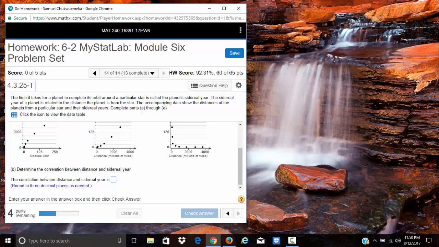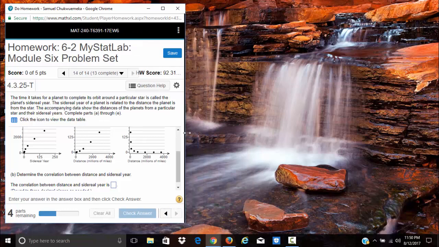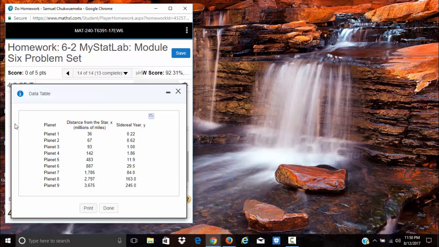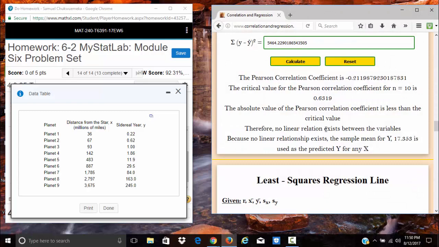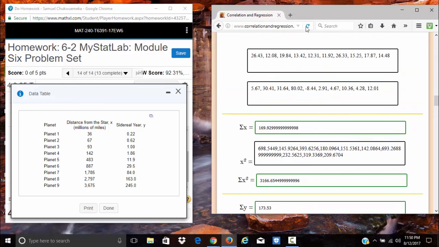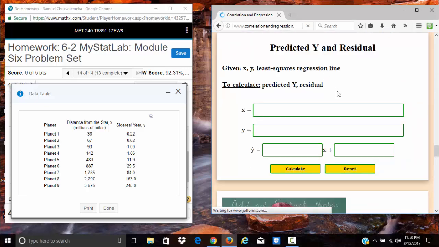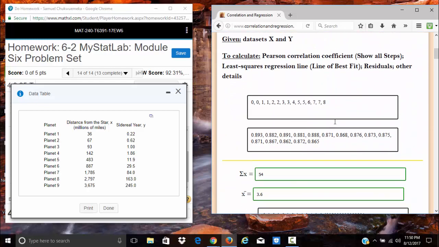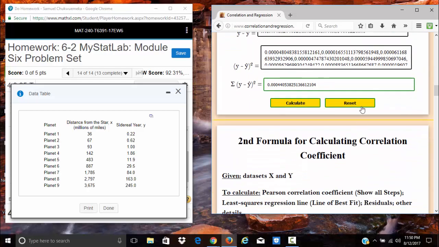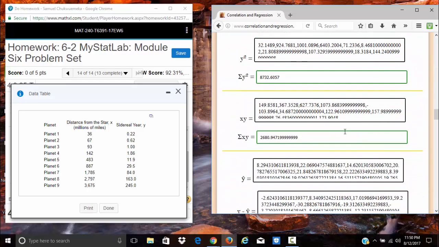Okay, I'm gonna get my calculator. And I need this table. So like we just did, just refresh this. Go ahead and refresh it, and then reset.